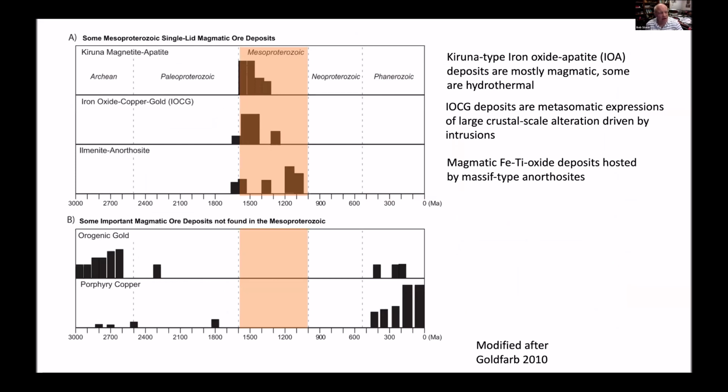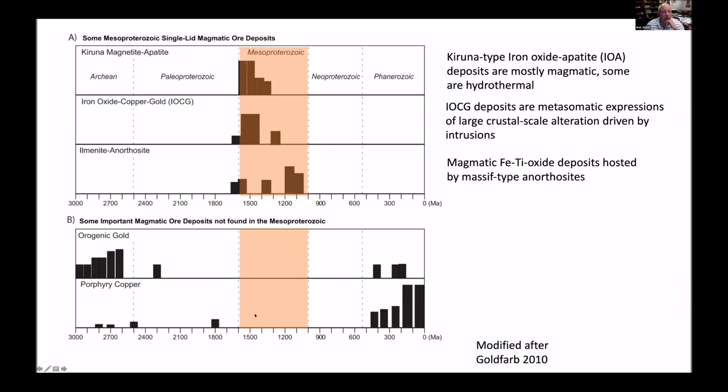Now, the economic geologists are interested in this controversy too, because ore deposits are things that they can mine and make careers out of and get rich over. And so important things like orogenic gold, which is concentrated in recent times and, interestingly enough, in the Archean, and porphyry coppers, which are concentrated in modern times and controversially older, are missing from the Mesoproterozoic.